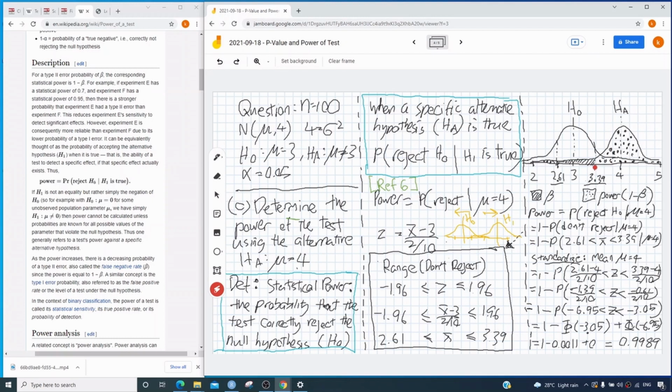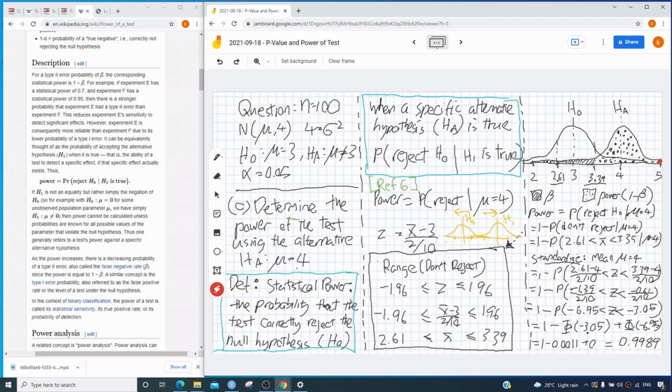So the rejection region is over here and over here. From part A, we know that this is 2.61 and 3.39. So anything to the right of 3.39 or to the left of 2.61 is our rejection region.